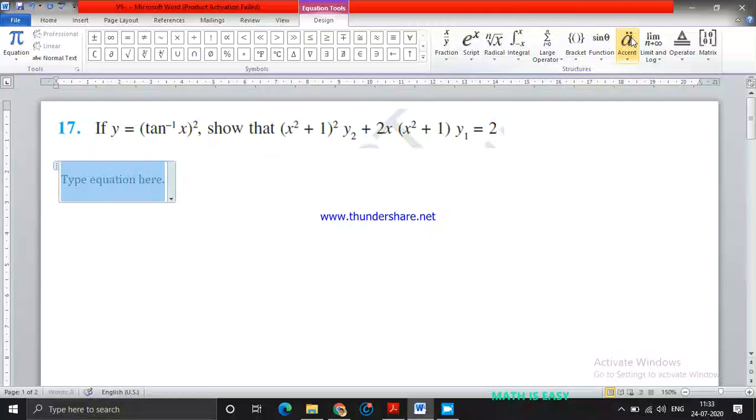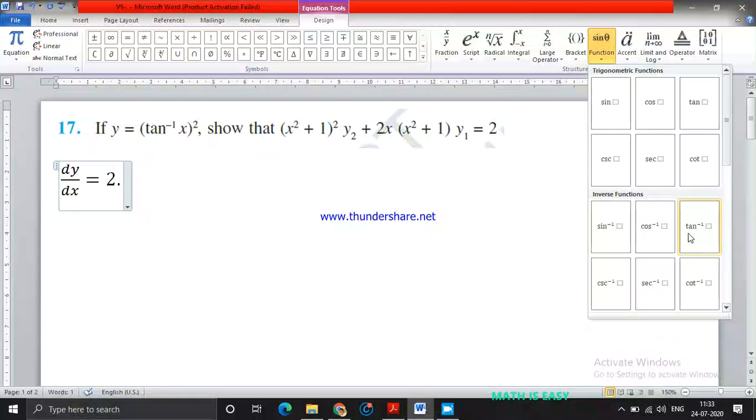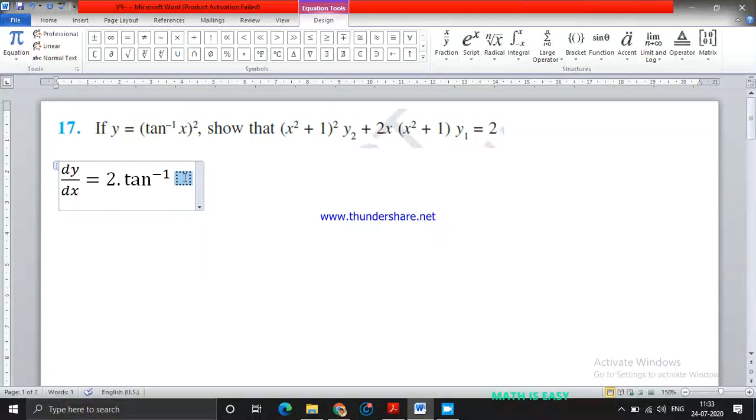So we'll get dy by dx is equals to, so you have tan inverse x whole square, this is theta square. Theta square derivative is 2 theta into derivative of theta. So 2 into tan inverse x into derivative of theta, that is d by dx of tan inverse x.